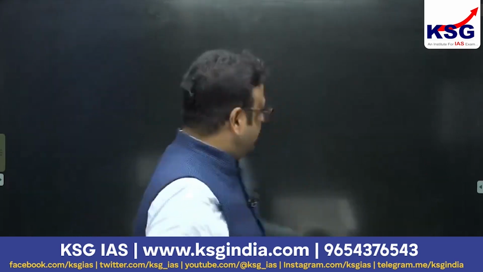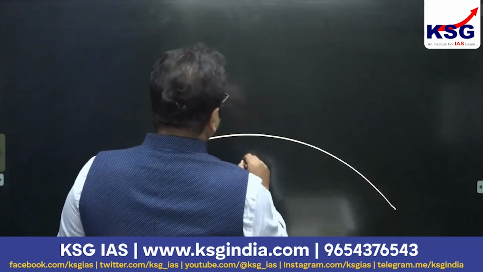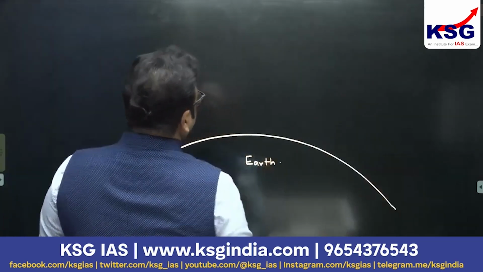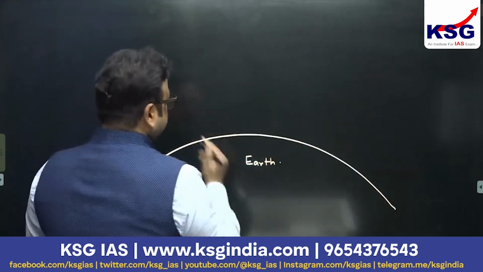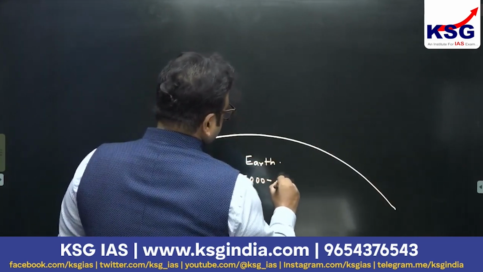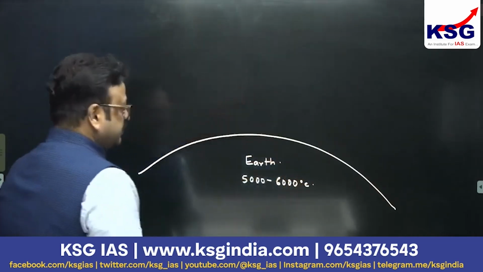Let me give you the idea through the images. Suppose that this is the earth surface and this earth is at a very high temperature, say for example 5000 to 6000 degrees centigrade, initial temperature.